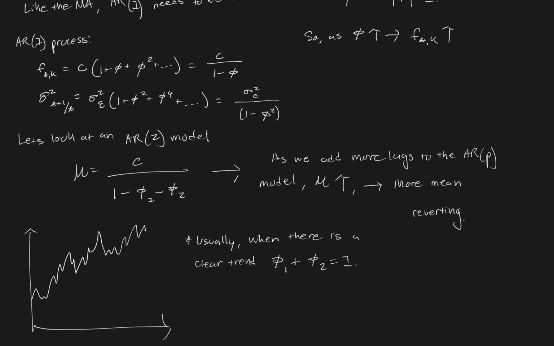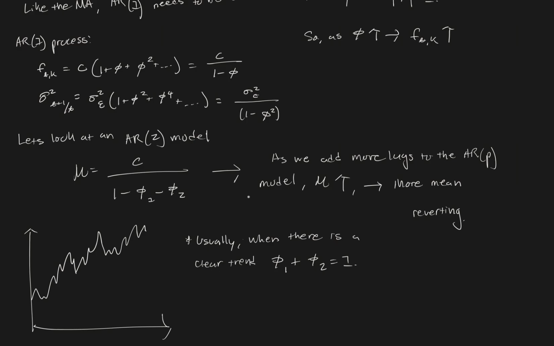Okay. So notice the relationship between the mu and the phi. As we add more lag values, and so we add up more phis, the mu will actually increase, because this is going farther away from 1, since we're subtracting more values from 1. So this part is getting smaller, and so this overall value is getting bigger.